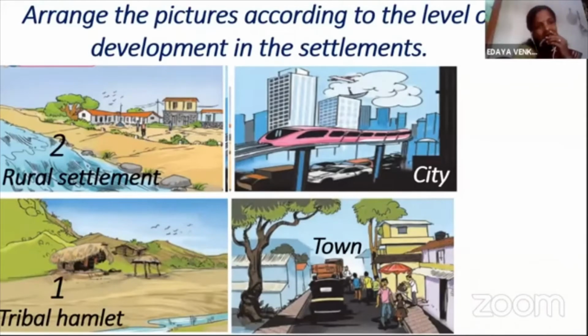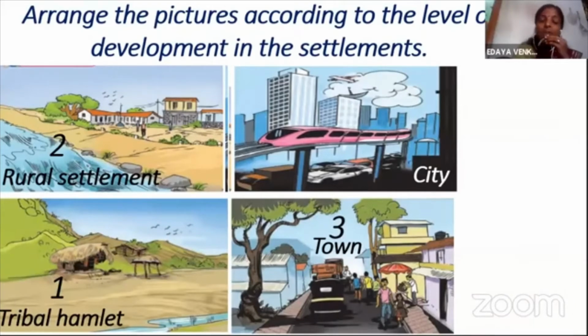Rural settlement. Exactly. And now you all just guess this, what is the third one? Town. Exactly. Then the population and the occupation facilities increase in the rural settlement, and then the rural village turns into a small town. Got it?